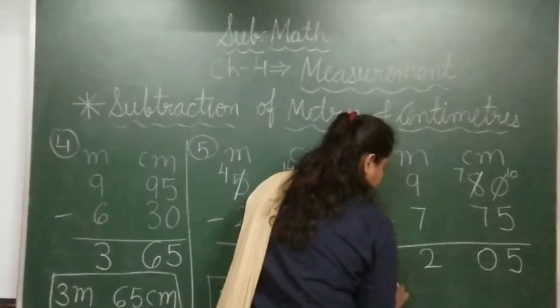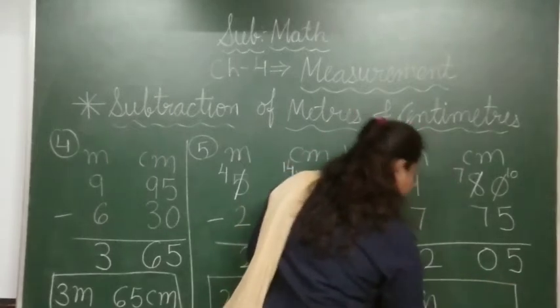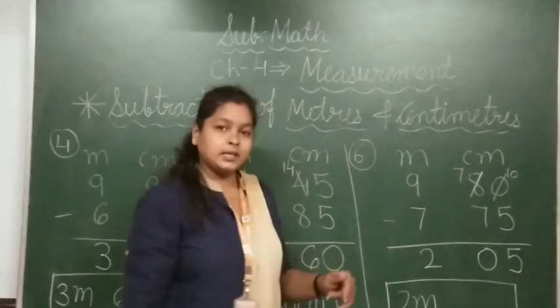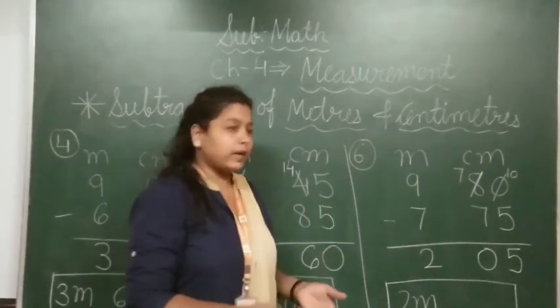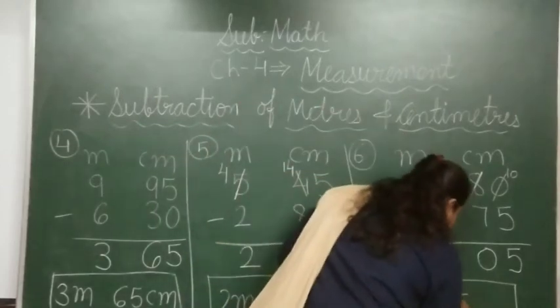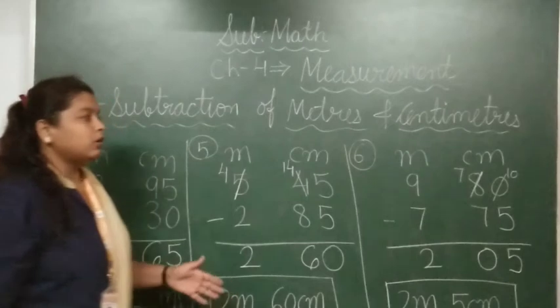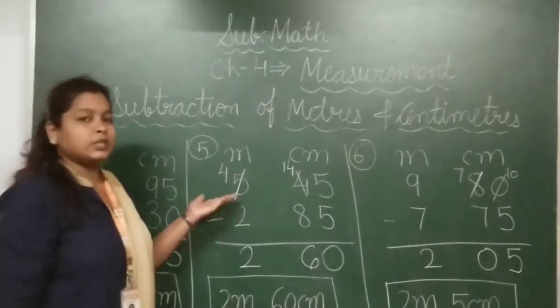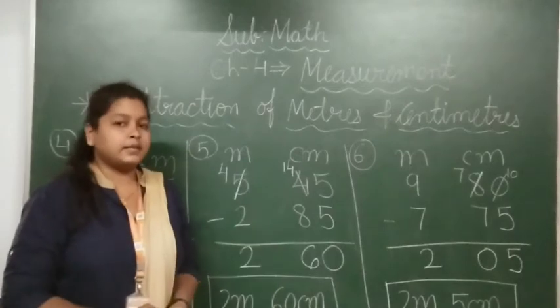So again your answer is 2 meter. And with that, how many centimeters are there? 0, 5. That means instead of 0, 5, you can write only 5 centimeter. Okay students, so do the practice of this type of subtraction, that means the subtraction of meters and centimeters.